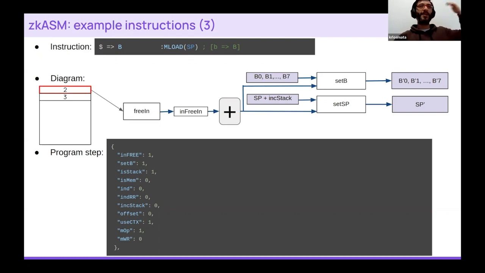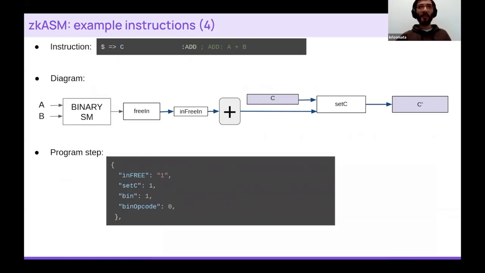Okay, so basically now we have read two values from memory. What we are going to do now is add those values. So use the binary state machine in the addition mode. And as you remember, the instruction of the addition in the state machine is basically taking register A, register B, and the result that it computes is loaded in this intermediate value.